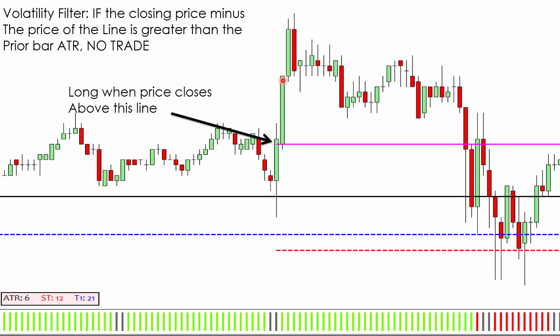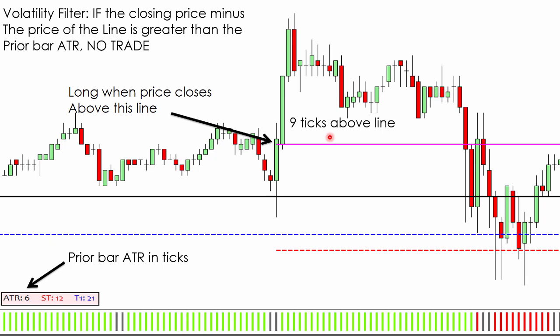If the closing price, which is this bar, minus the value of the line is greater than the ATR of this bar, no trade. Let's take a look. Here's the ATR in ticks of the prior bar. It's 6. This current bar closed above the pink line by 9 ticks. So there's no trade.